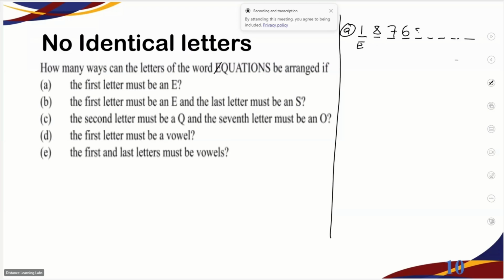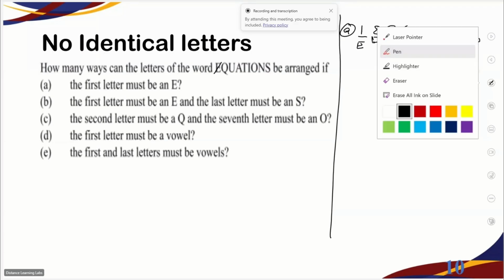Then it will be 6, 5, 4, 3, 2, and 1. The product of descending natural numbers starts from 8 and descends up to 1, meaning my answer here would be 1 multiplied by 8 factorial, which gives us 40,320. So if E starts the word, the letters of the word equations can be arranged in 40,320 ways.